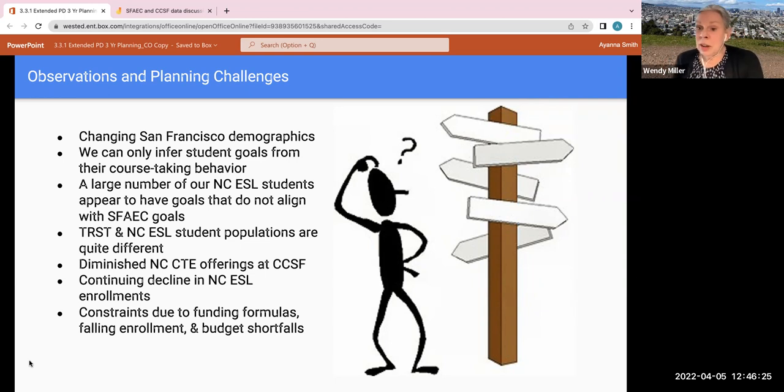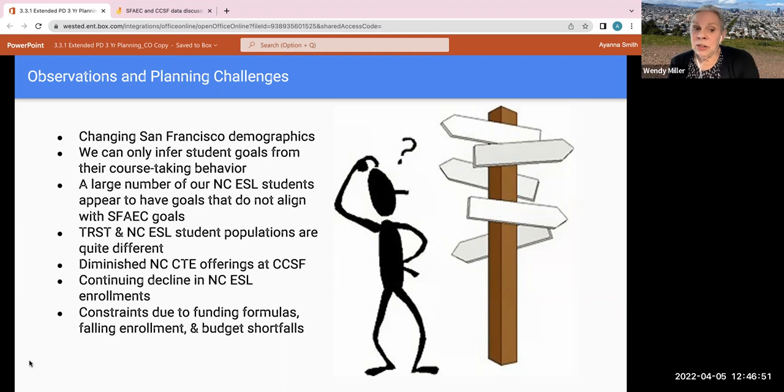Our transitional studies students tend to be more male, significantly more male, slightly younger, Hispanic or African American. What they need, what supports them, is probably quite different than what would support the non-credit ESL student.